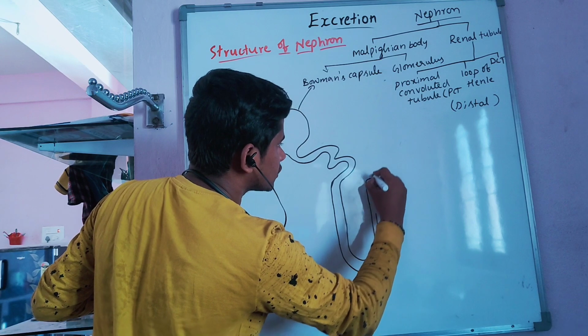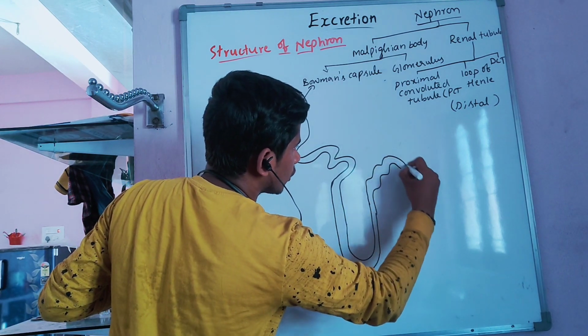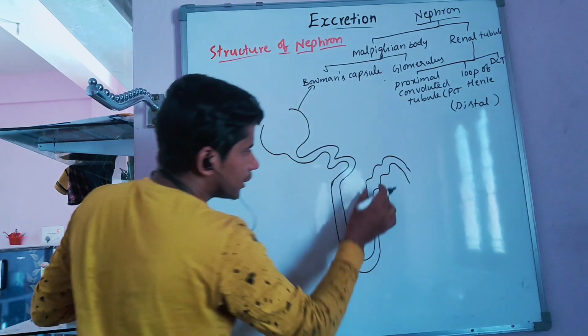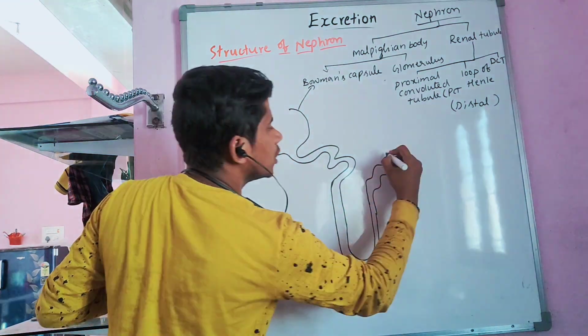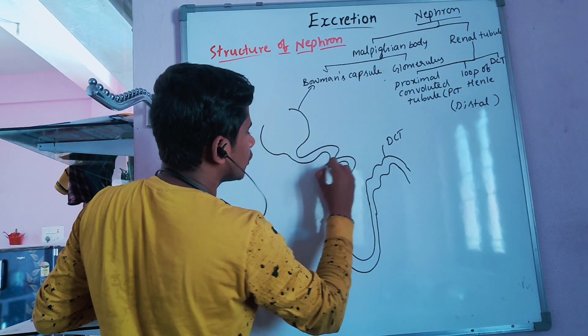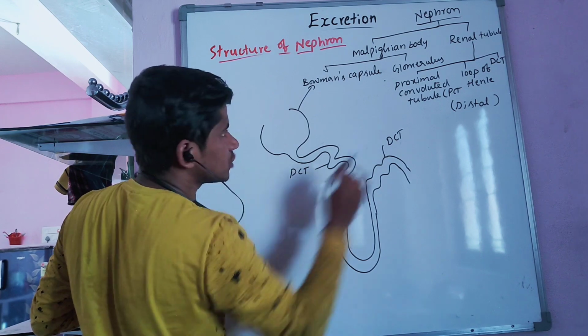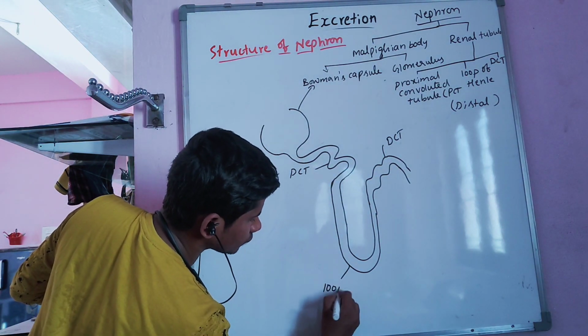The ascending limb is somewhat smaller when you compare it with the descending limb. Now this is a DCT, which develops from that ascending limb of loop of Henle. So this is a DCT, this is a PCT, proximal convoluted tubule, and this is a loop of Henle.